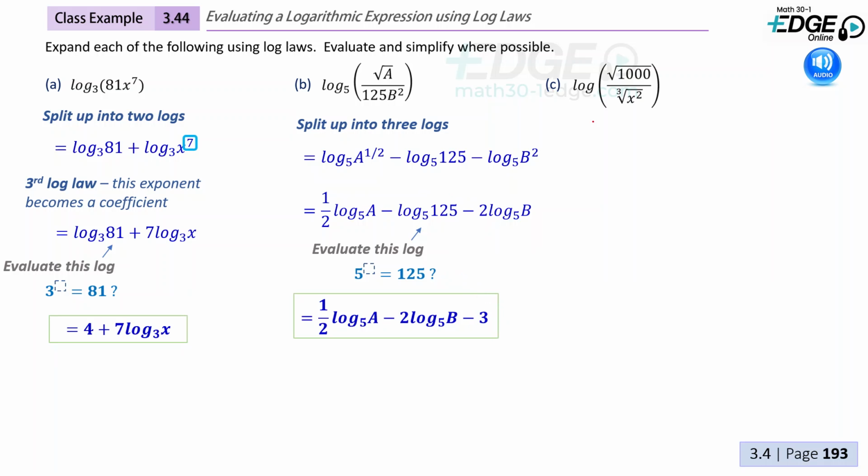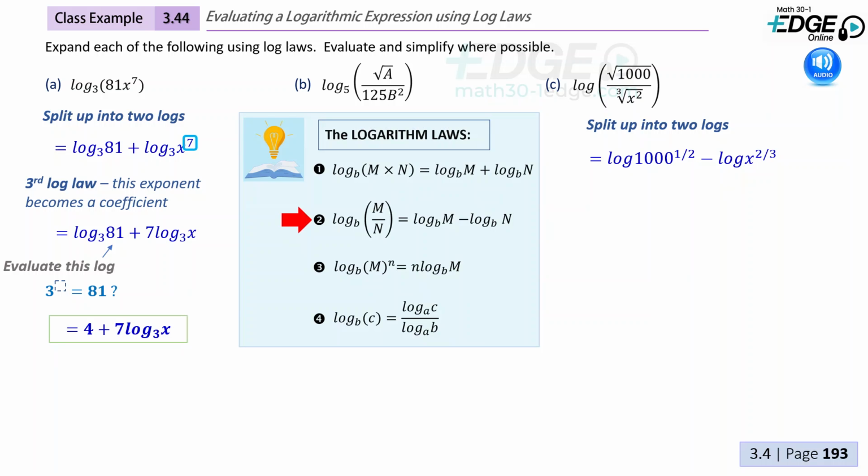For part C, you can see that we would want to split this into 2 different logarithms. Notice that we changed the square root of 1,000 to 1,000 to the power of a half, and the cube root of x squared would become x to the power of 2 over 3, and also that anything in the numerator became positive, and anything in the denominator was negative or a subtraction.